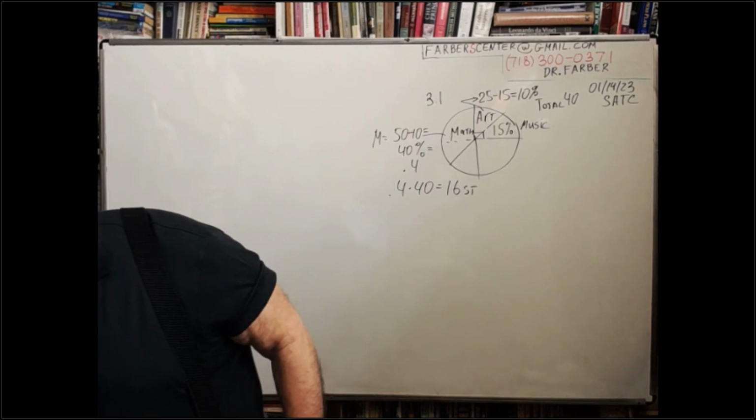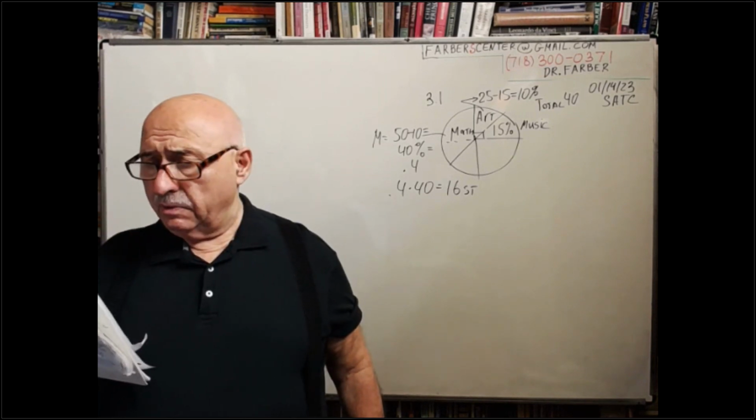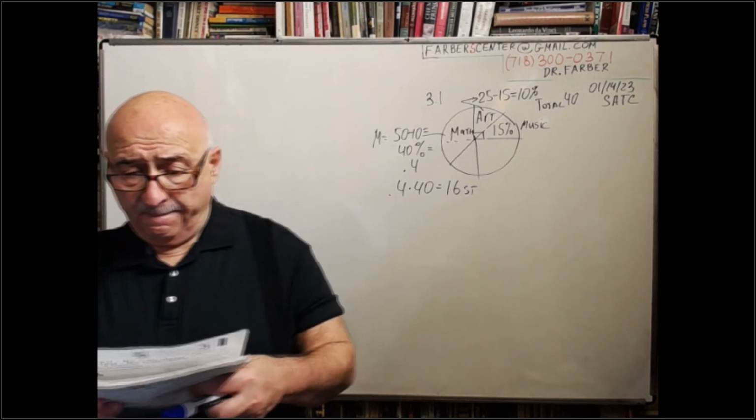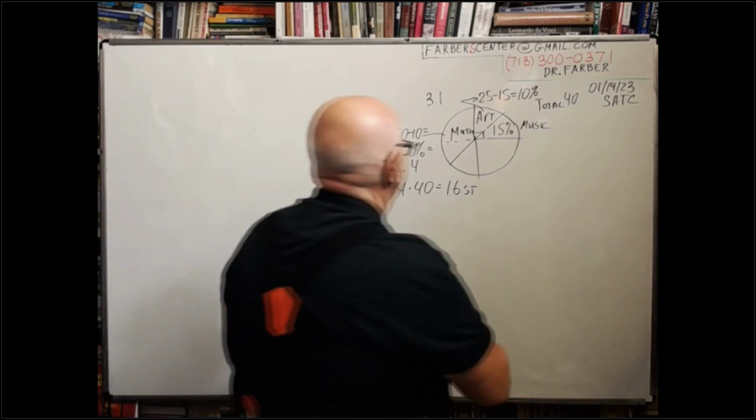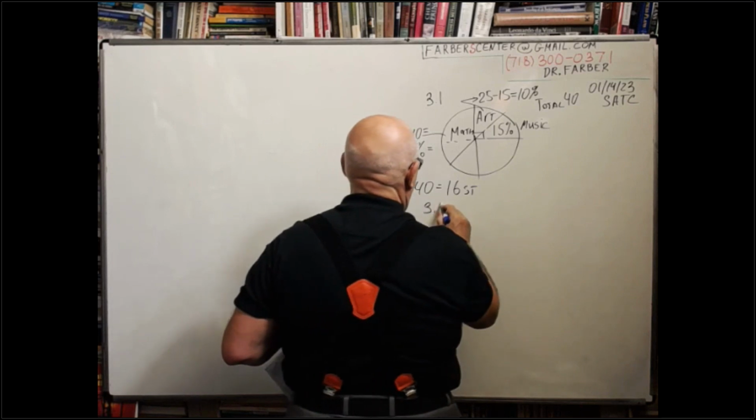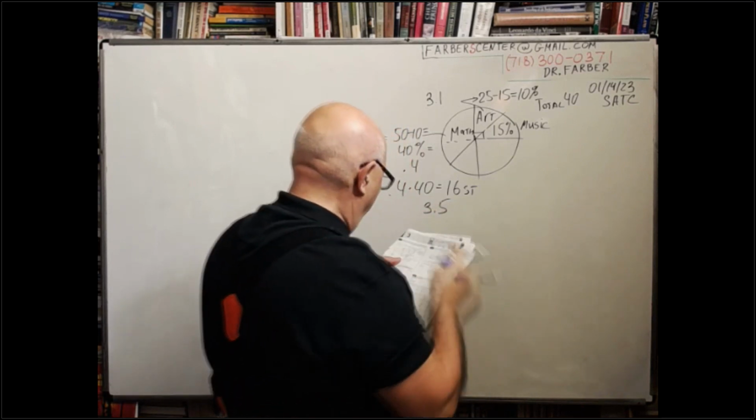Not 3, 6. Before 3, 6, we have a few students for 3, 5. Again, when I have word problems, you will read it. If it's just an equation, 3, 5.